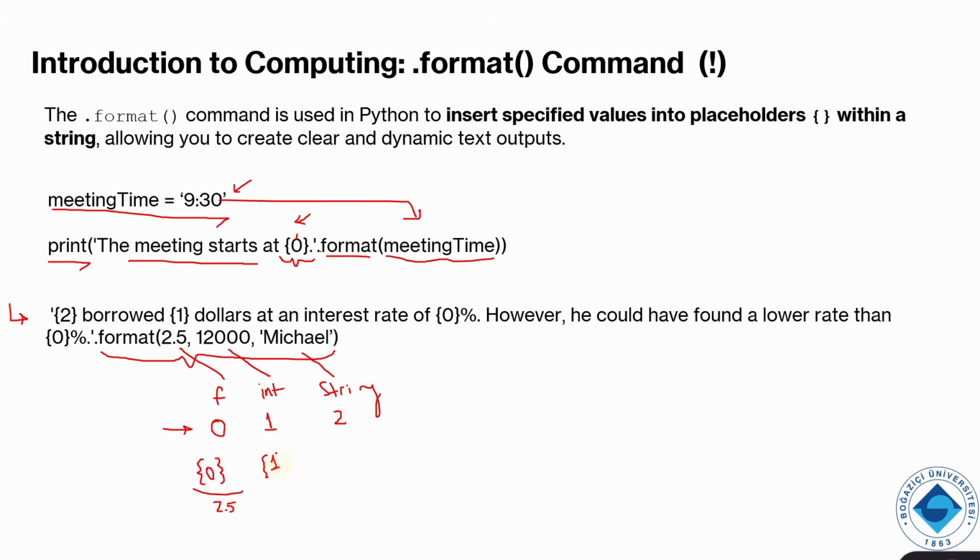Again, if I put curly brackets 1 and call it in my string, it will return 12 and 3 dots, so 12,000. Likewise, in the last example, if I put curly brackets and 2 inside of my string, it will return Michael like this.